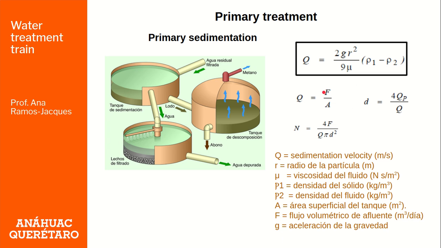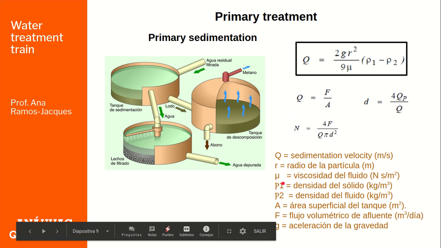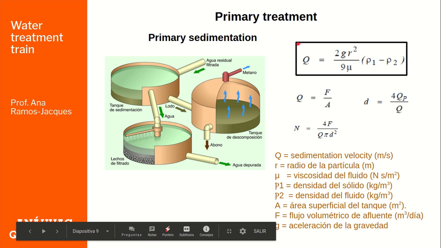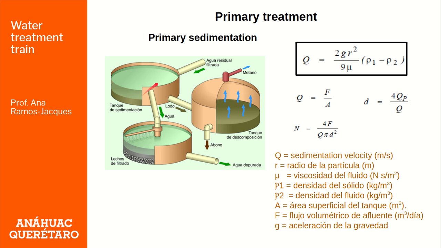We need the particle radius, the empirical factors, the viscosity of the fluid, the density of both solid and fluid, and the superficial area. As you can see, we are using g, the gravity acceleration, because this is the theoretical part that we use to design this treatment.